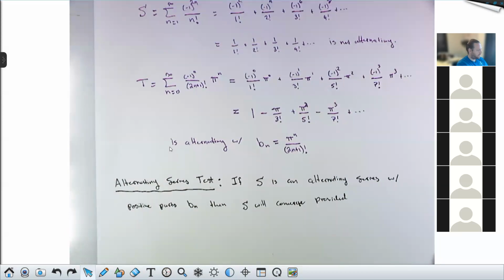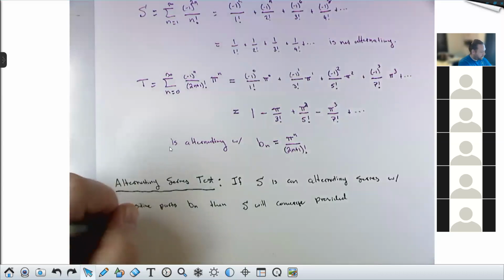Now this is not an if and only if, right? This gives a sufficient criterion for the series to converge. It's possible for a series to not satisfy these conditions and still converge. But if these things are true, then the series will converge. First thing, the sequence Bn has to be decreasing.